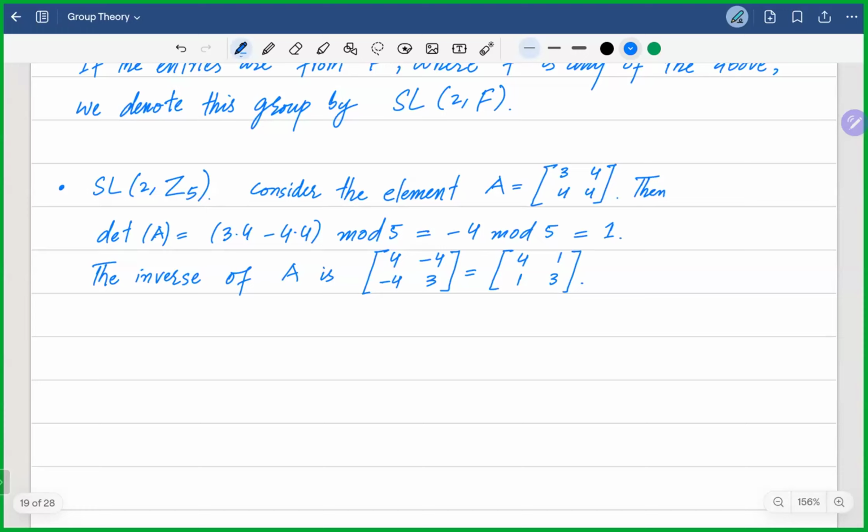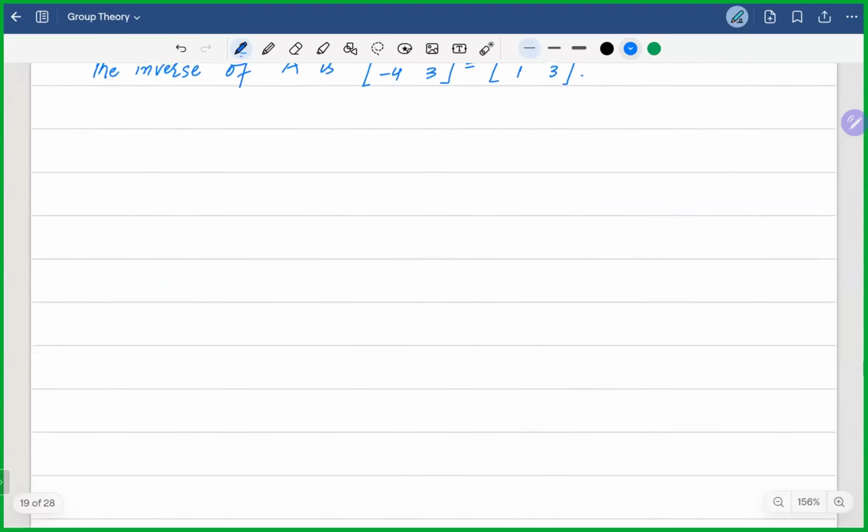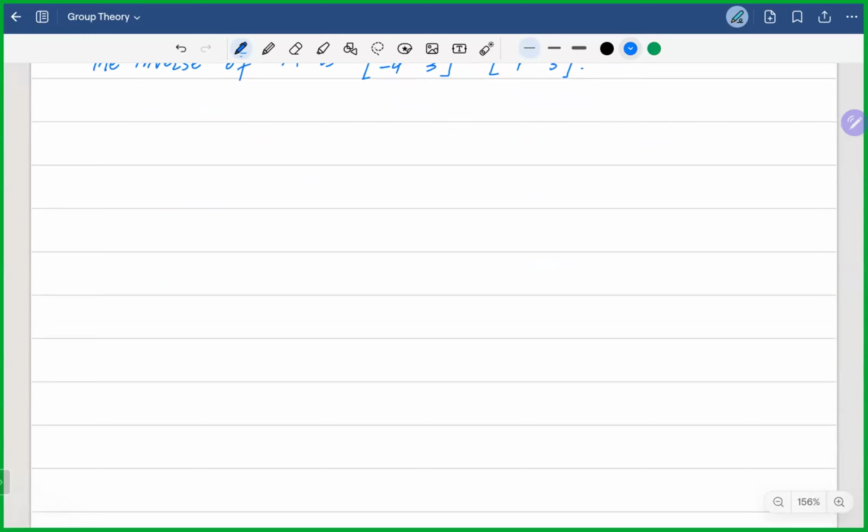Similarly, we can furthermore enhance the question, example number 9, and talk about GL(F), GL(N, F), or GL(2, F).